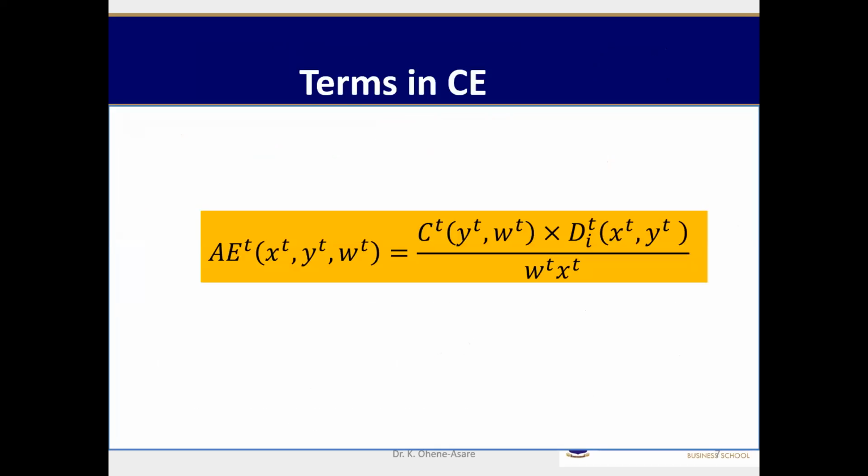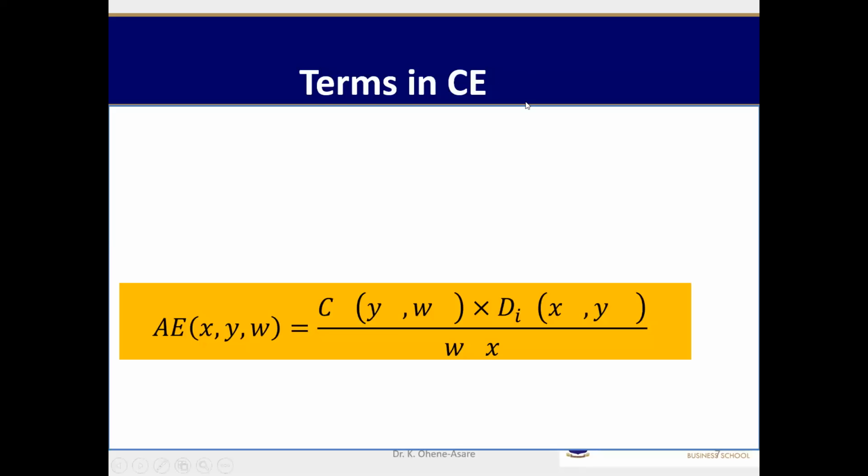So the definition of allocative efficiency is this. Look at it. I am bringing TTT on top of it. Please note something, we can decide to omit the T. So you can see that this is allocative efficiency, and the AE is equal to something. Watch carefully because this is a little bit tricky.